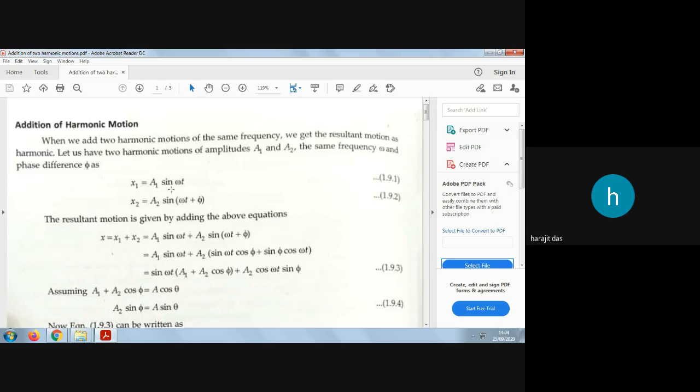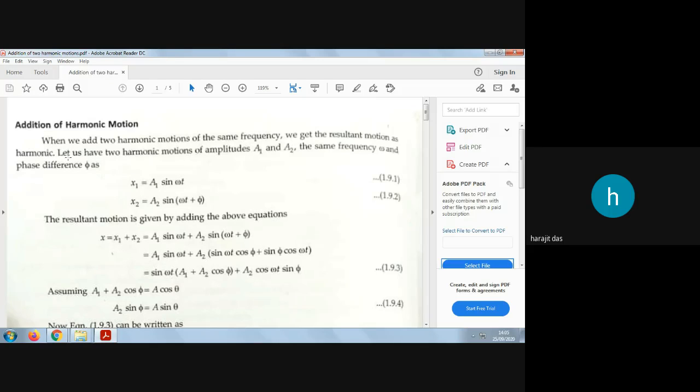Why? Because its frequency will be the same, or in other words its angular velocity is the same. That is why you are able to add these two simple harmonic motions, and you will definitely get a simple harmonic motion. It means addition of two simple harmonic motions results in a simple harmonic motion.